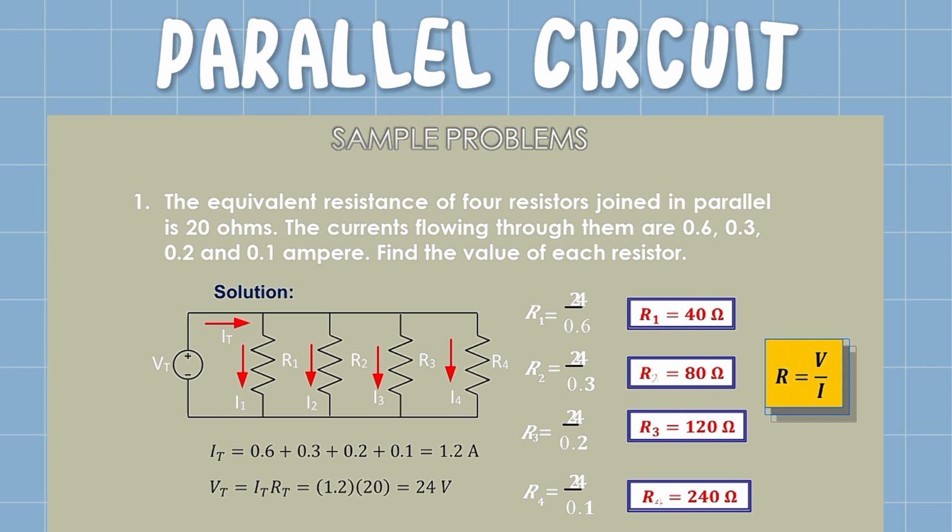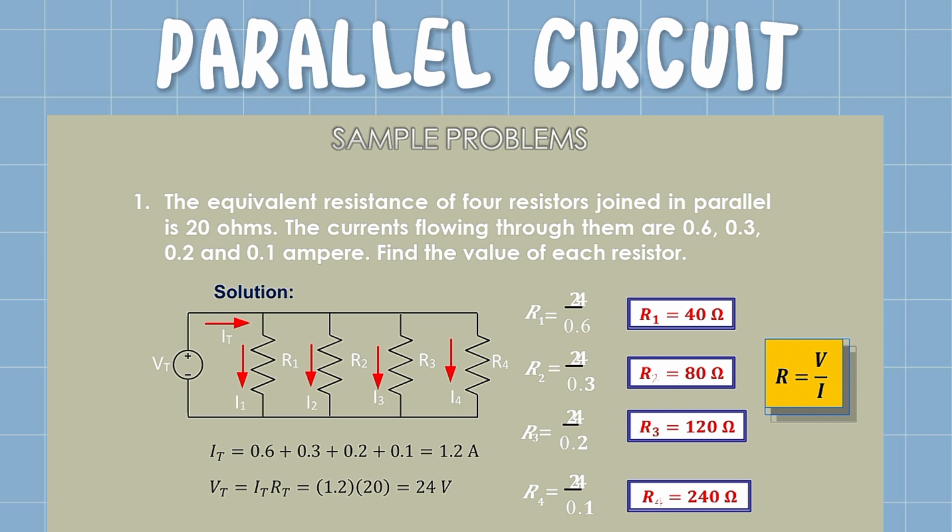The total current in a parallel circuit is equal to the summation of each individual current, which is 0.6 plus 0.3 plus 0.2 plus 0.1, equal to 1.2 amperes.